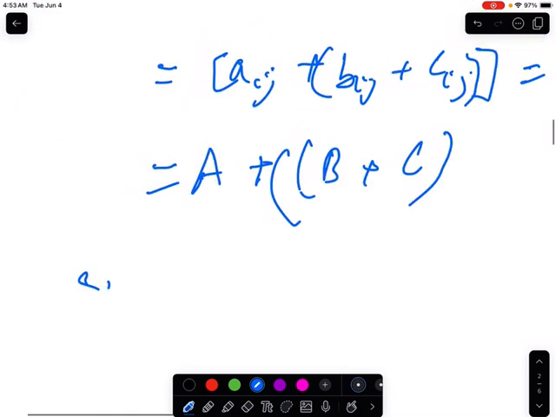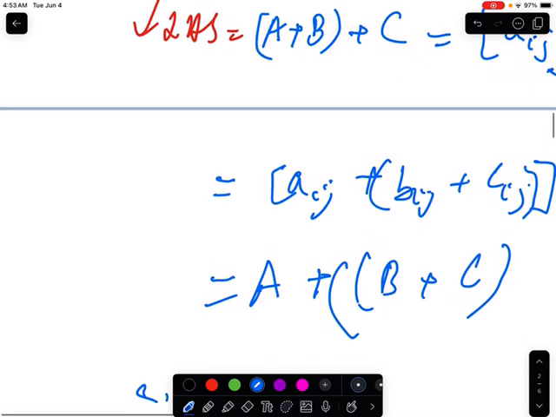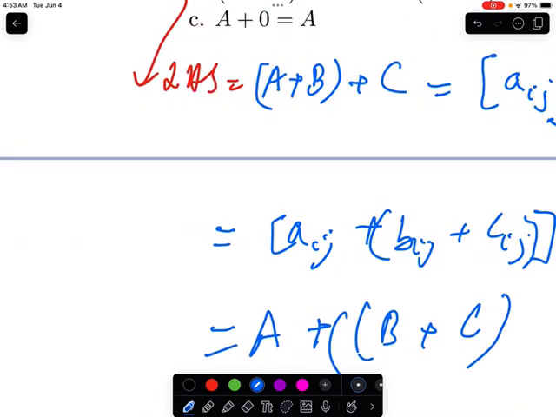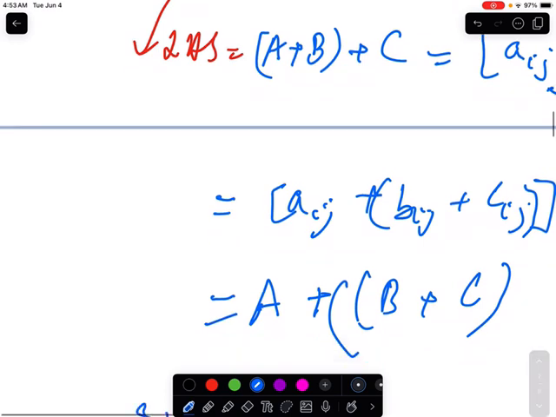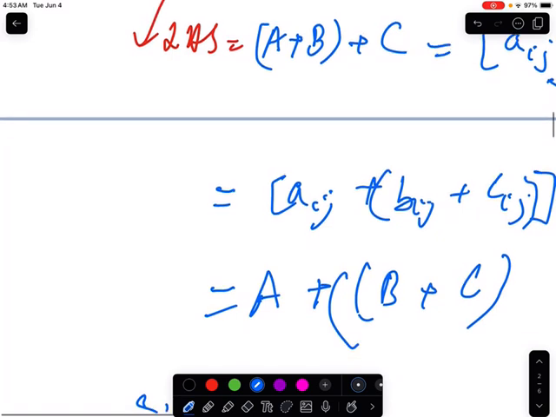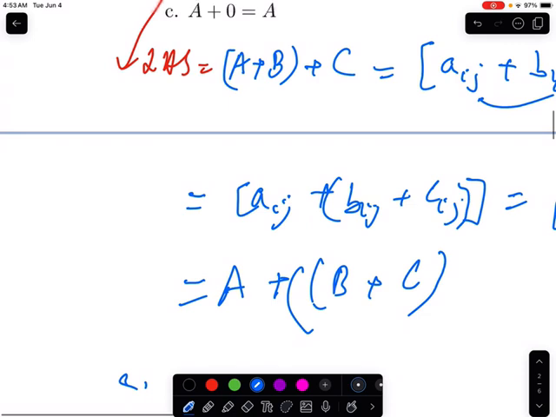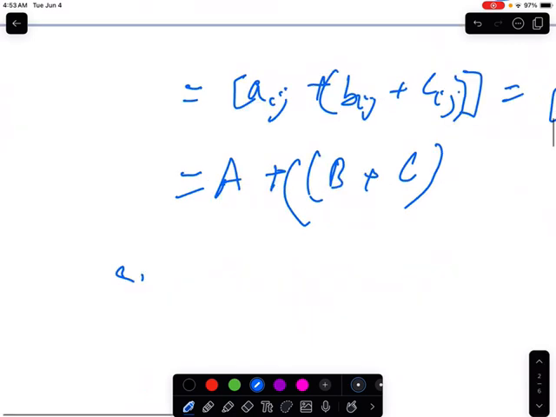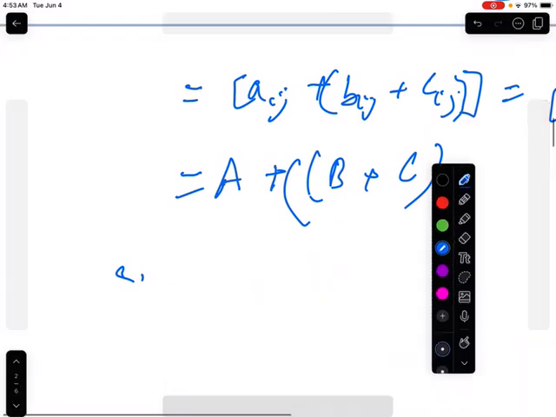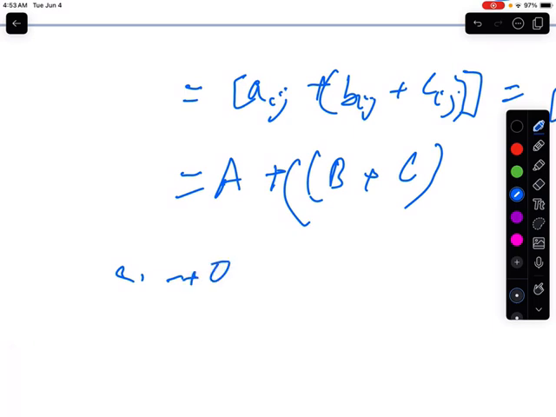So C part is saying that A plus the 0 matrix will be the matrix A. When we talk about the 0 matrix here, it is understood that it is of the same size as A. So we can start as A plus O, will be equal to Aij plus 0, because the entries of A are denoted by Aij, and every entry of the O matrix is 0.